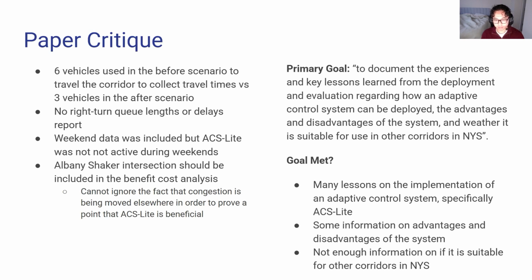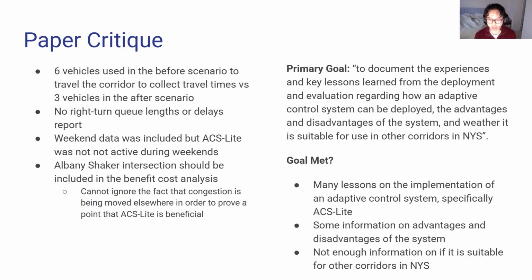And so the primary goal stated in this report was to document the experiences and key lessons learned from the deployment and evaluation regarding how an adaptive control system can be deployed, the advantages and disadvantages of the system, and whether it is suitable for use in other corridors in New York State. So is this goal met?